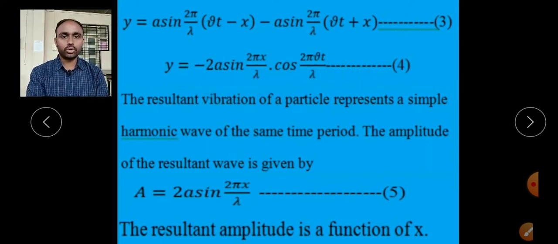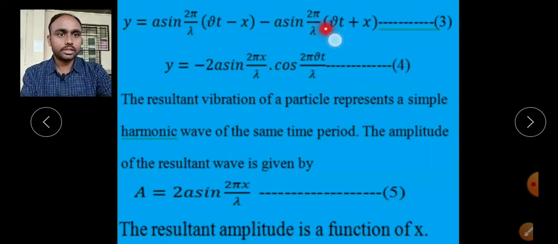Some of you may have a doubt why it is minus. Because now this is C and this is D, the formula for sin C minus D is 2 sin (C minus D)/2. So C minus D means v t minus x minus (v t plus x), or v t, because minus plus becomes minus.